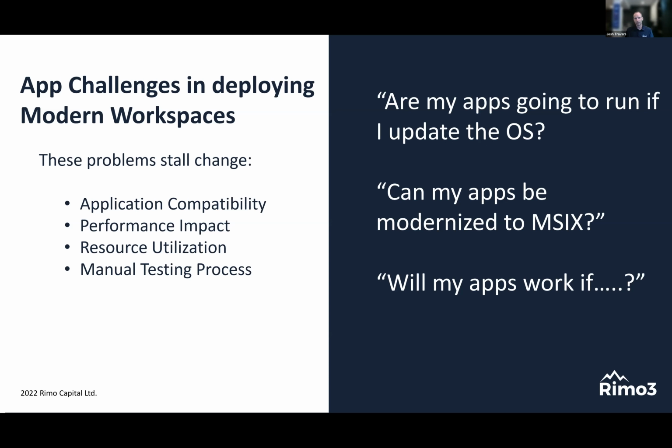And then of course, as we mentioned before, manual testing, right? Because it's so time consuming, we can always correlate dollars to time. Are the applications being tested to the level that you need in order to support that change at the pace that it's coming?